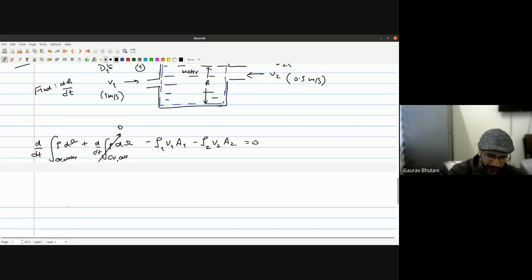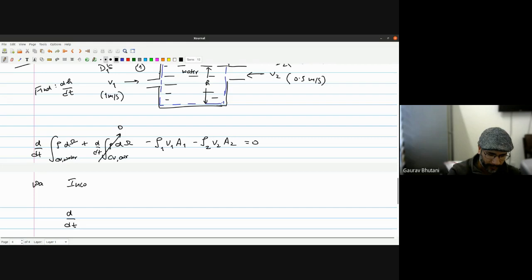It's much easier. So d by dt, and then I have rho times d omega over CV of water. Now in this case, we're talking about water, so the density of water is constant; it does not change with time. So it's an incompressible situation.